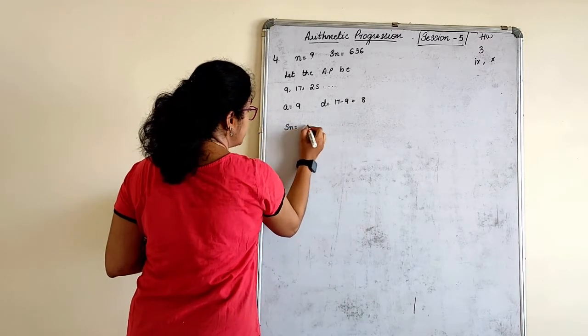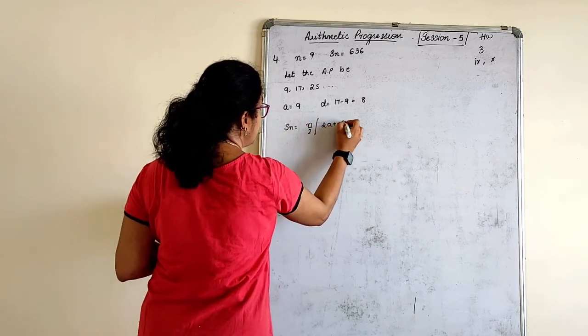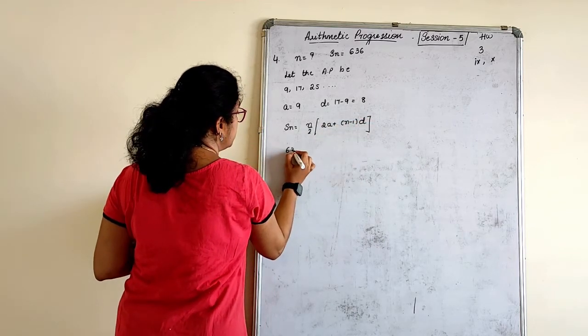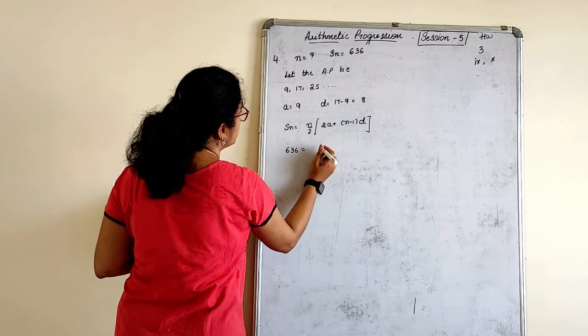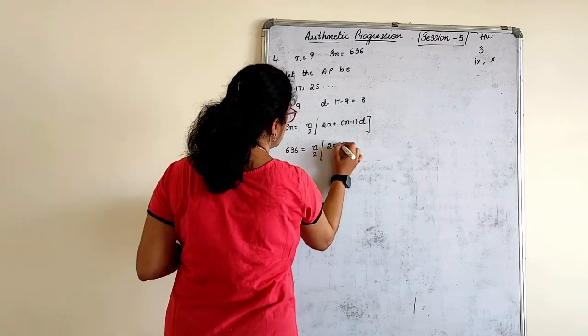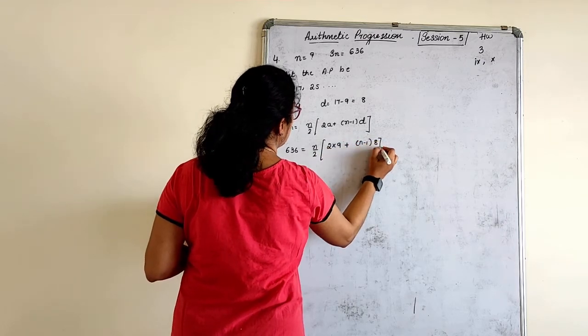Substitute. Sn is equal to n by 2 into 2a plus n minus 1 of d. Sn is 636, equal to n by 2, 2 into 9 plus n minus 1 of 8.